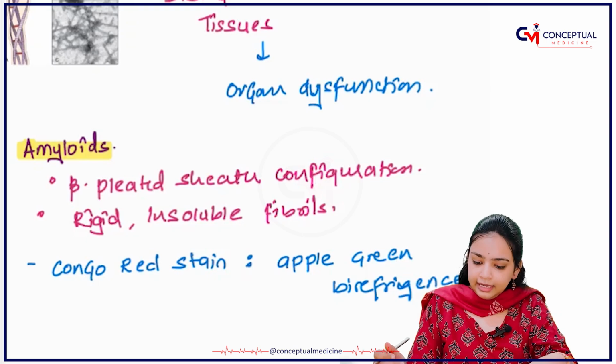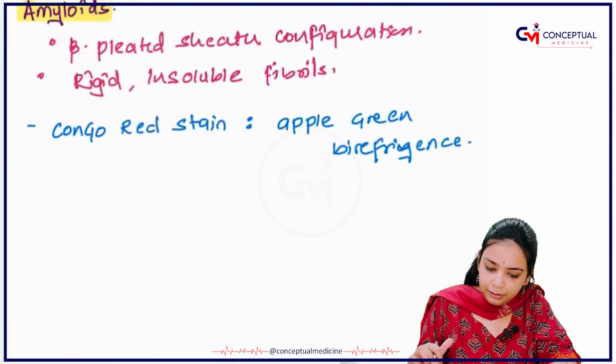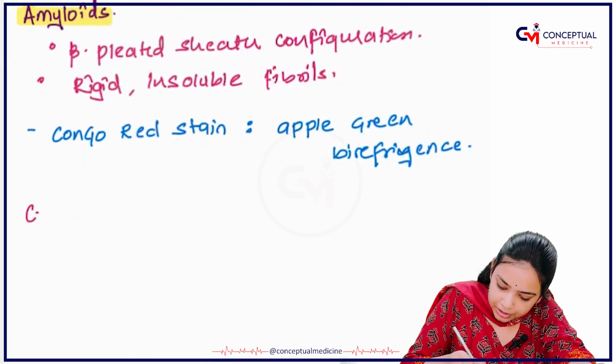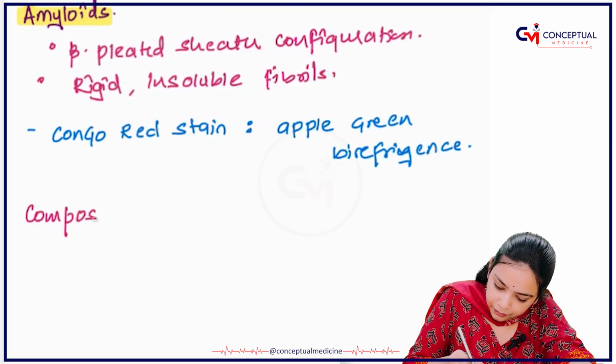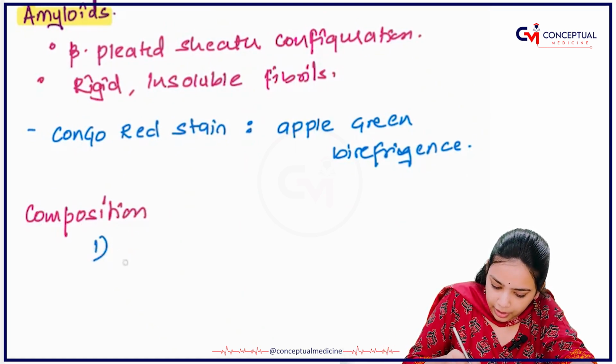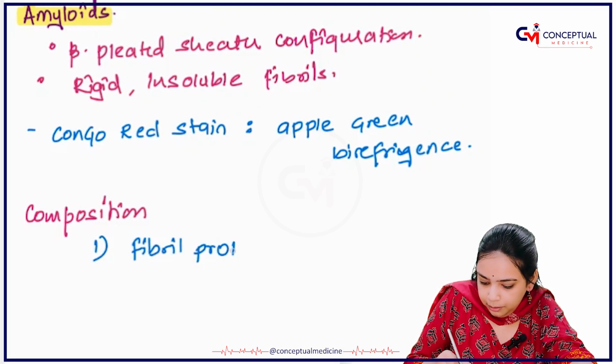Now, next thing that I want you all to understand is some of the biochemistry points of amyloids. What is the composition of it? First thing that you have is the fibril protein.